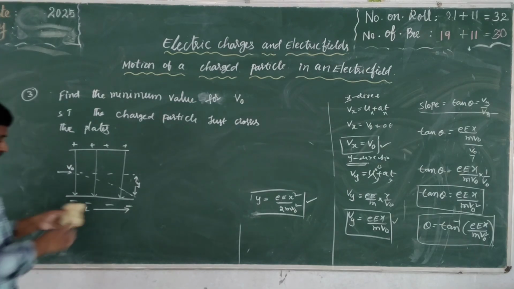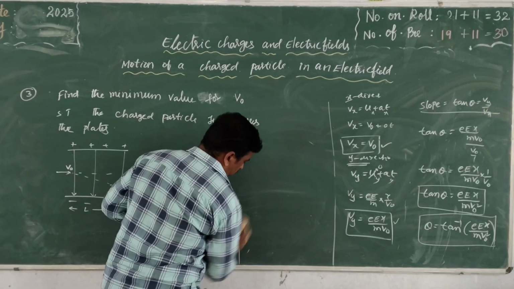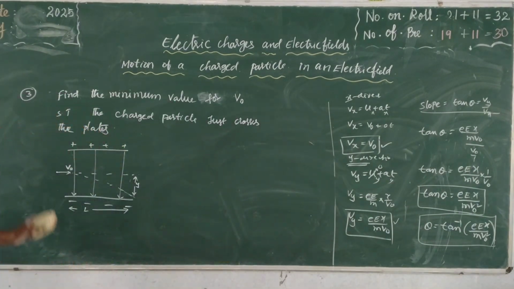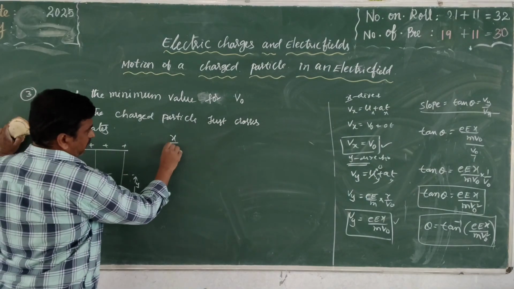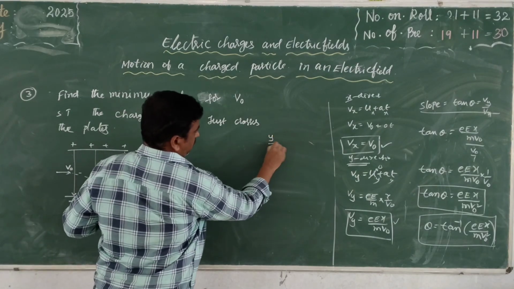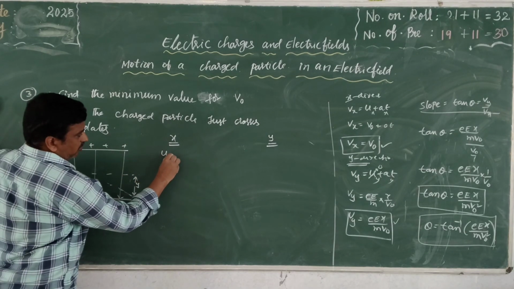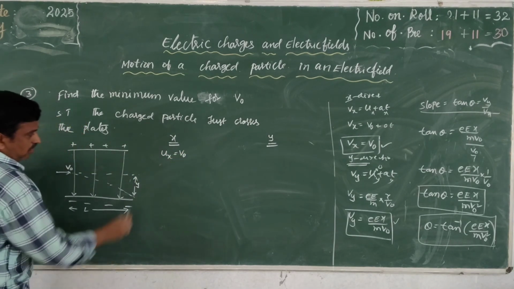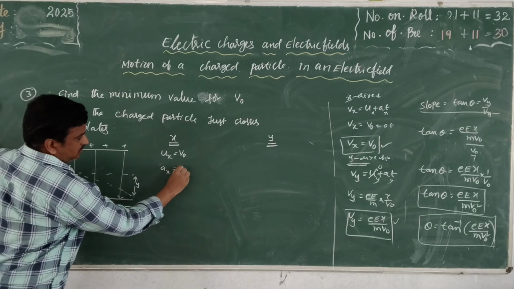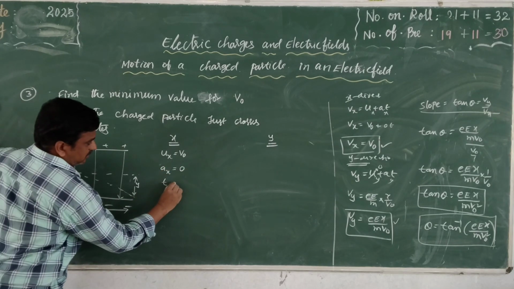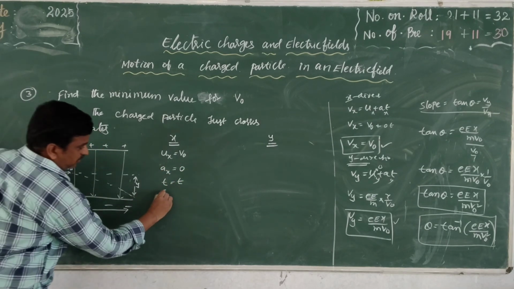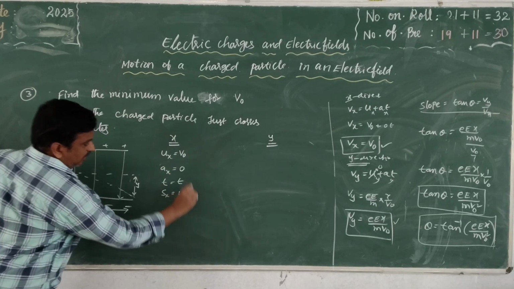Now we can write, like the previous problem, we use equations of motion, along x axis and along y axis. Along x axis, initial velocity equal to v naught, acceleration along x axis is 0, time taken is t. So displacement along x axis is L.